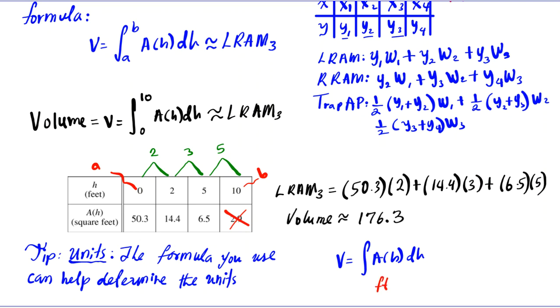So it's feet squared times dh, an infinitely small height. But forget about the d, look at the h. What's the unit for height? Feet. So the integral of A of h times dh is basically a situation where you're multiplying an area, feet squared, by a height, dh. What is feet squared times foot? Feet squared times foot is feet cubed.